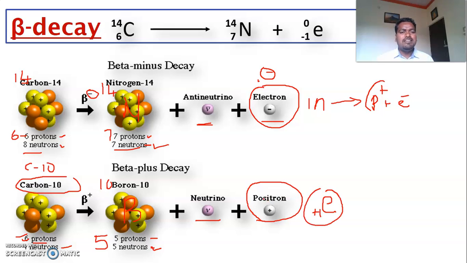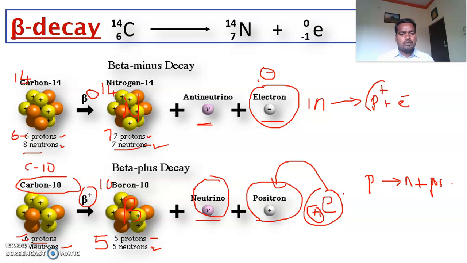So this is called a positron. It emits a positron, that's why it is called beta plus decay. So in this case, 1 proton is converted into a neutron and it emits 1 positron and a neutrino.